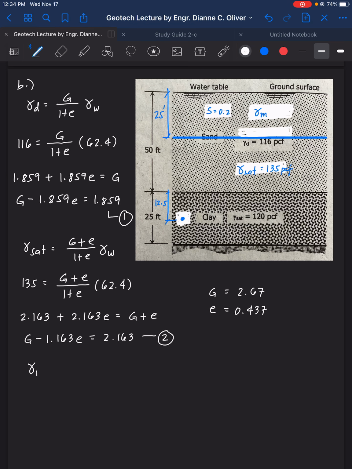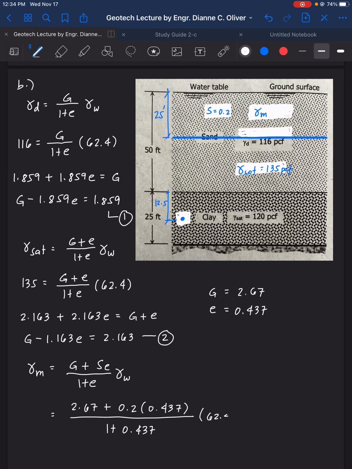Therefore, gamma moist is equal to G plus SE over 1 plus E gamma of water, that is equal to 2.67 plus 0.2 times 0.437 all over 1 plus 0.437 times gamma of water 62.4.